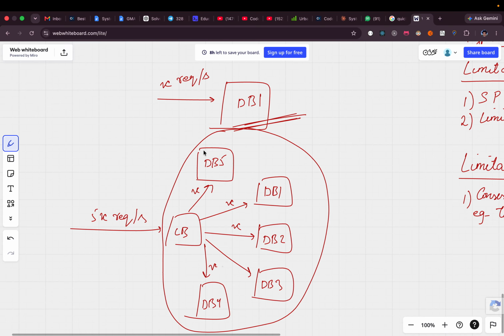But the problem is that we have to spend more money on the infrastructure. Earlier we could do with just one database. Now we need 5 identical databases. And each of these databases contain the exact same data.